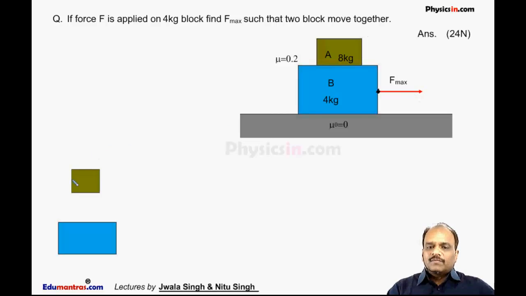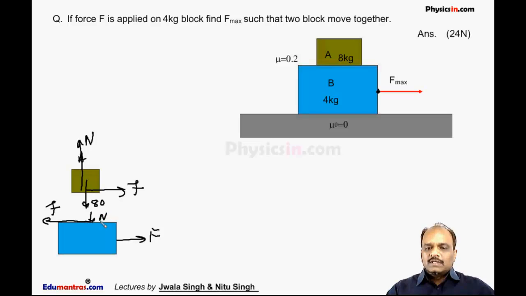Let the maximum force be F. In this situation, the friction force on block A will act in the forward direction because the sliding tendency of block A is in the backward direction, and the friction on block B will act in the backward direction, and this force is F. The weight of this block is 80 Newton and the normal reaction here is N. Here the weight is 40 Newton, and this is N dash.